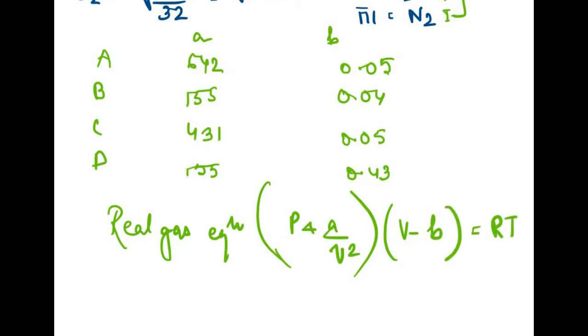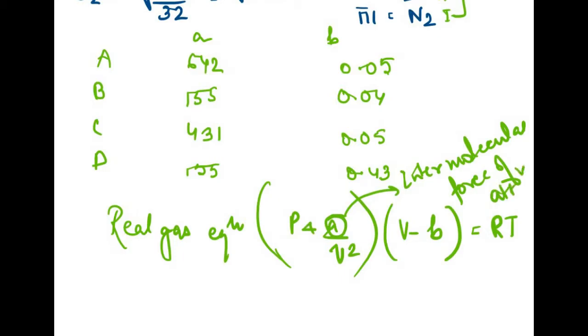This is the equation, right? So in this case, a actually denotes the intermolecular force of attraction between particles. And what does b denote? It denotes the volume correction.